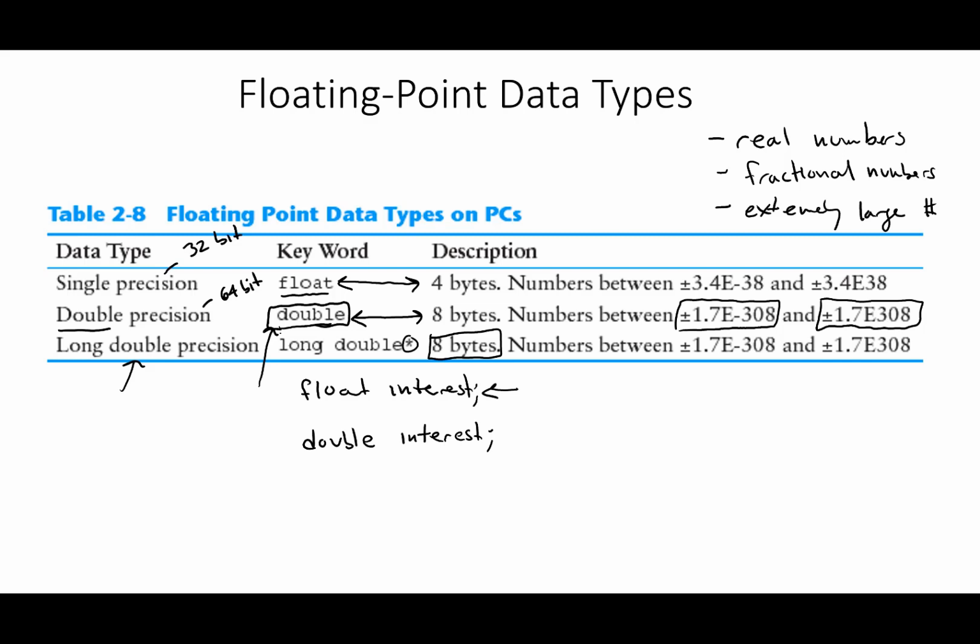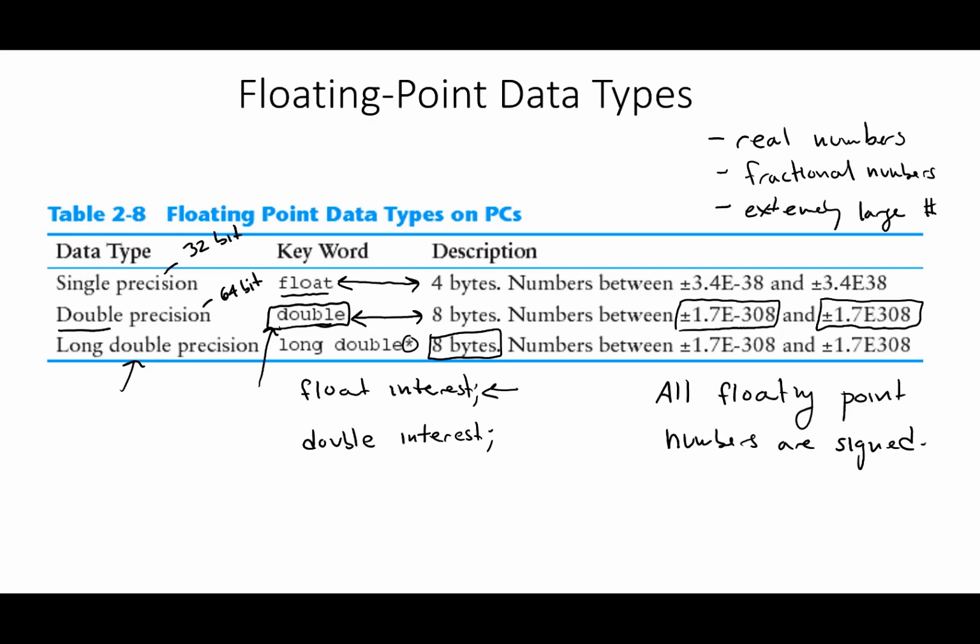And then we know how these numbers are stored. They're stored similar to scientific notation. Remember, we took the binary number, wrote it in scientific notation, and then converted that into the floating point number. The other thing is all floating point numbers are signed.